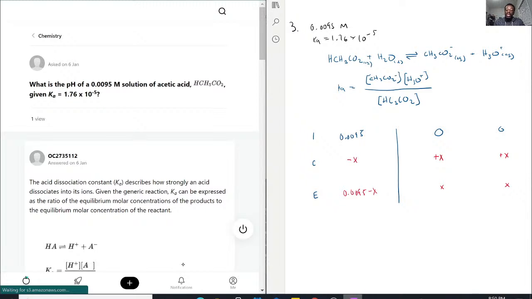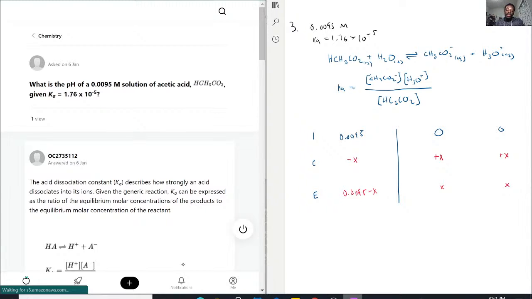We can actually use this and plug into our formula to figure out the Ka. Just doing a quick math check about the Ka relationship with the concentration, because if there's a big enough difference between concentration and the Ka, we can drop the X. So what I'm doing here is finding out if there is a big enough concentration difference.